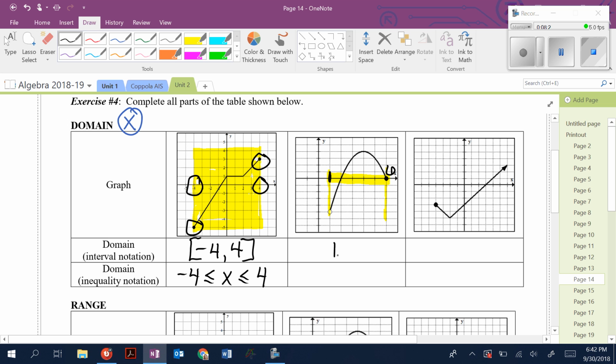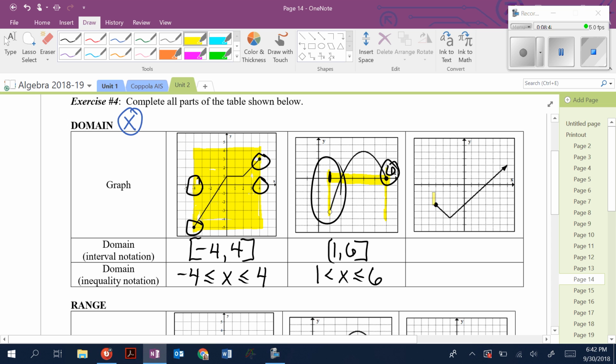Okay, so 1 to 6. 6 is most definitely included because the point is closed off right here. But 1, on the other hand, is an open point. So when we convert that, this is definitely review from last unit, converting between interval and inequality notation. But remember, less than symbols all the way through, and then we're not going to put an or equal to because of this rounded bracket.